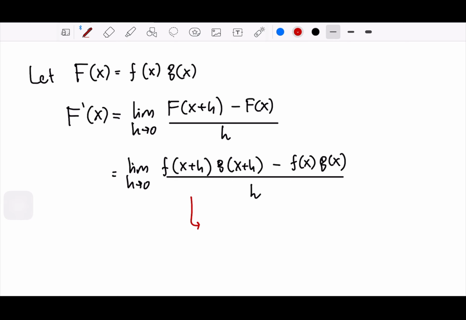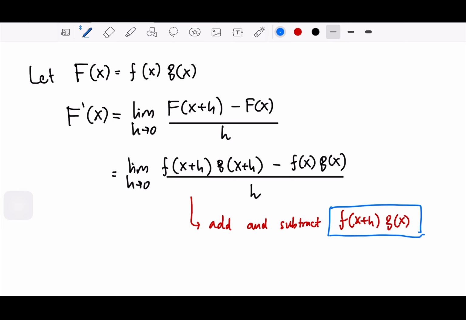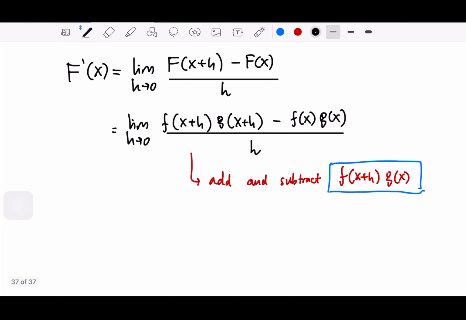To solve this, we need to add and subtract this form. So we can write this, and let me add and subtract in the middle. So plus.